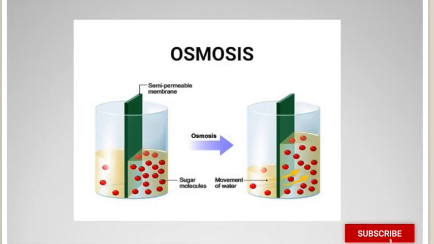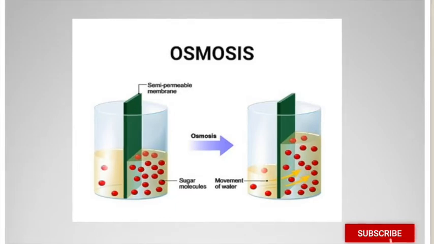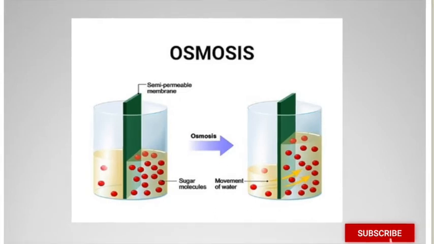There is a green barrier in the beaker. That is the semi-permeable membrane. A semi-permeable membrane allows only solvent molecules to pass through it, but does not allow solute molecules or particles to pass through it.